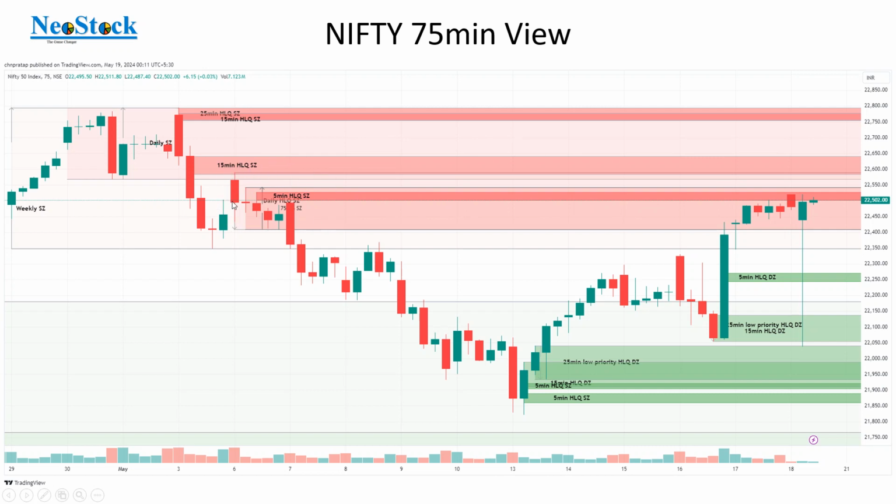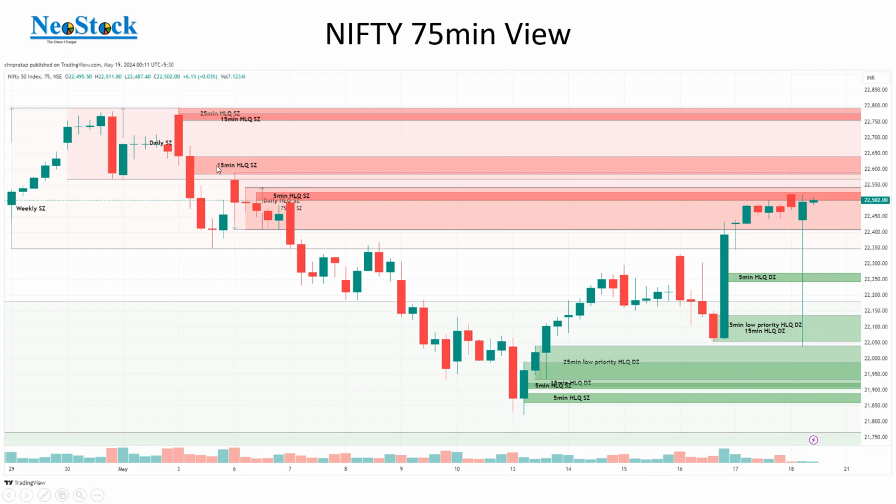But above that, this daily zone will also be violated. Above this daily zone, we have a 15-minute high liquidity supply zone. This might have a strong order flow. This 15-minute high liquidity supply zone is responsible for the creation of this entire daily supply zone.